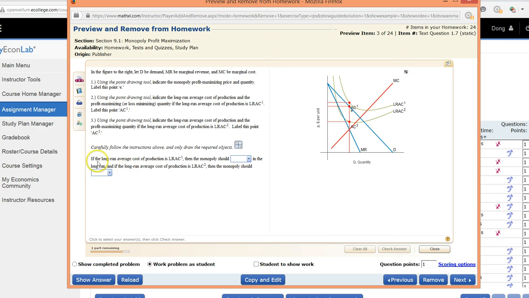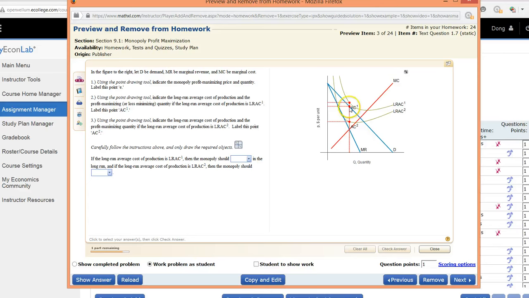It's not done yet. If the long run average cost of production is LRAC1, then the monopoly should. So here we can see graphically LRAC1 lies above my equilibrium price. Remember, this is long run, which means that every cost is avoidable.